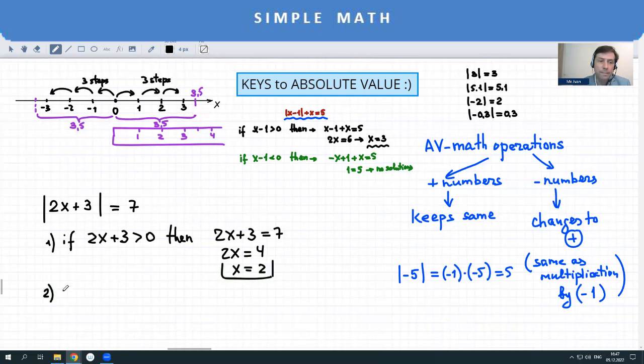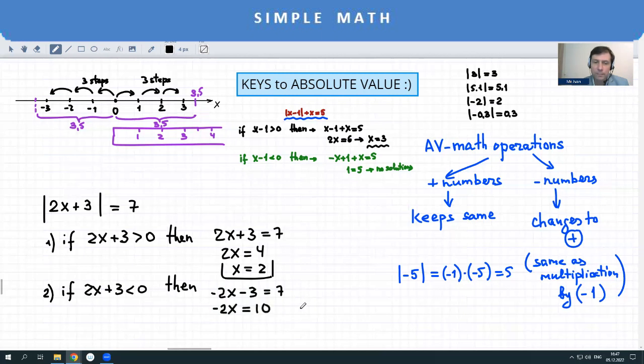Second case, if 2x plus 3 is negative, then again, we are multiplying 2x plus 3 by negative 1, means we got negative 2x minus 3 is equal to 7, means negative 2x would be equal to 10, from where we could solve that x is equal to negative 5. Solved.